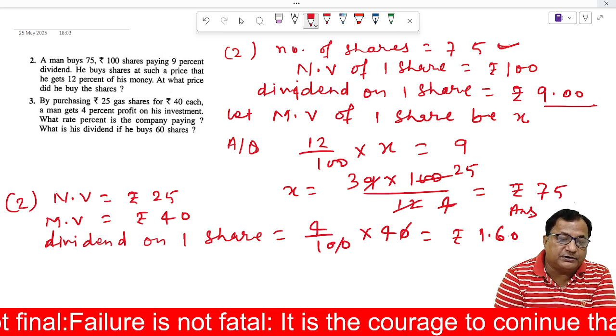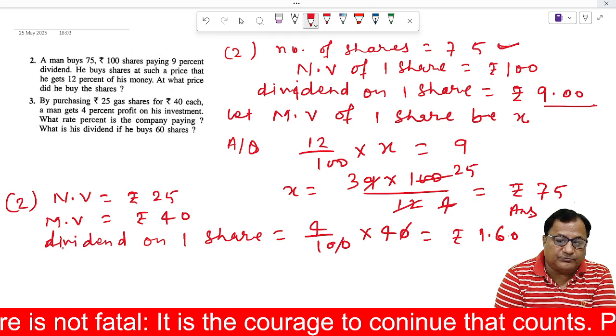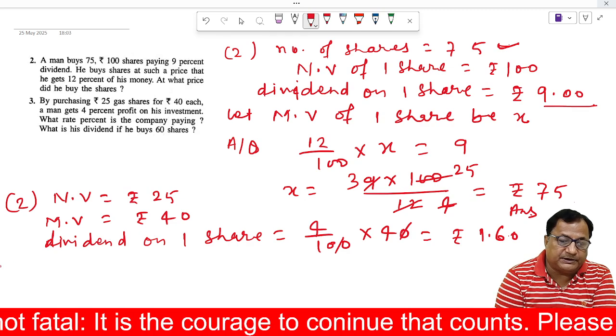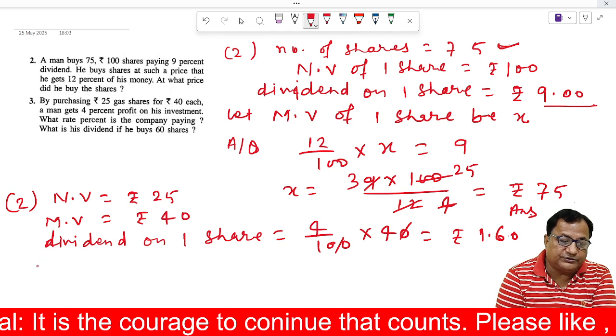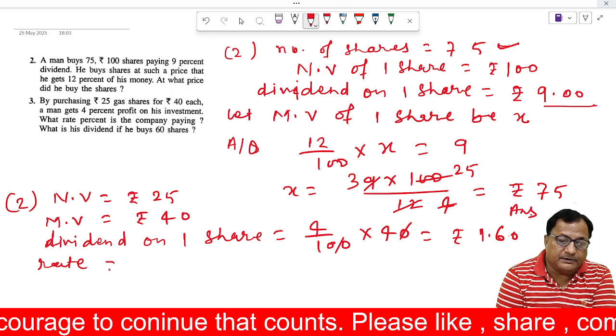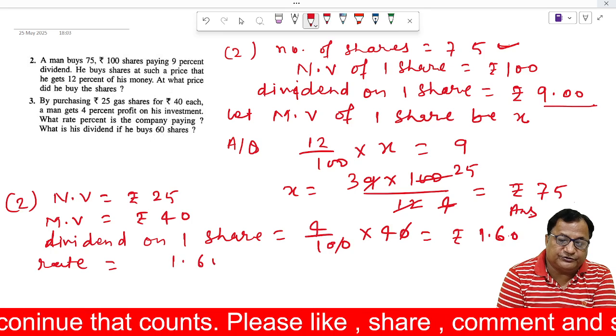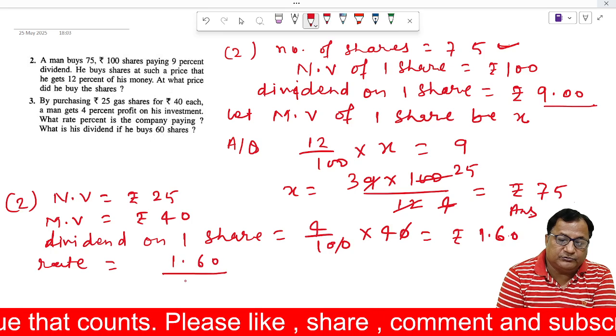So what rate percent is the company paying? So what is the company paying for this? So the rate will be 1.60 divided by 25.